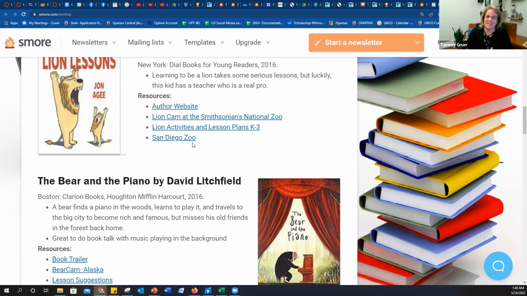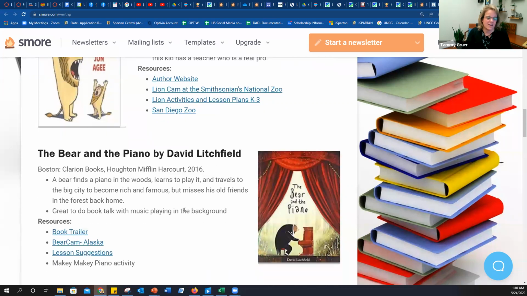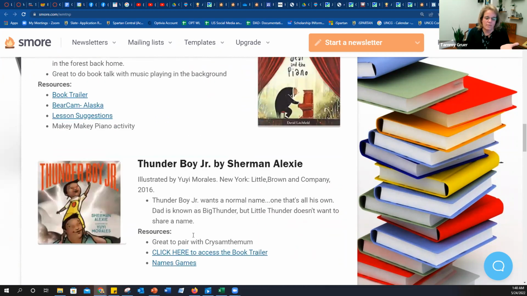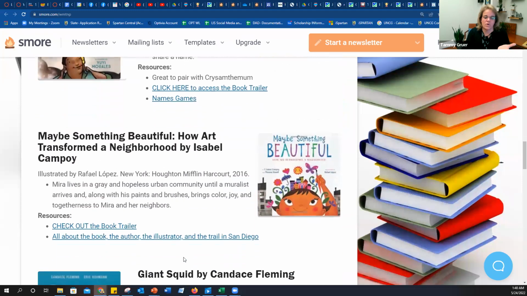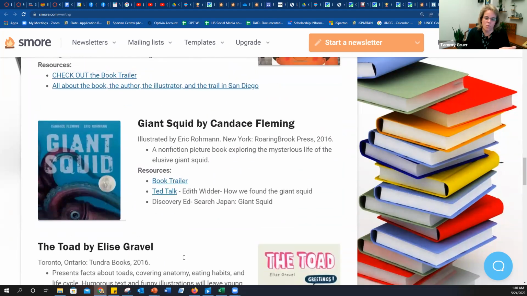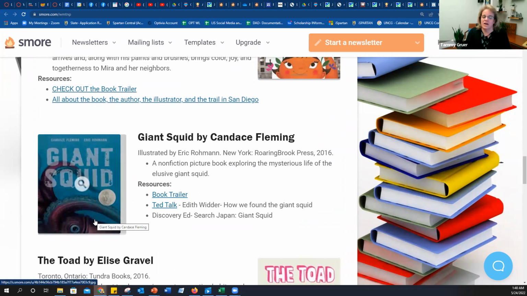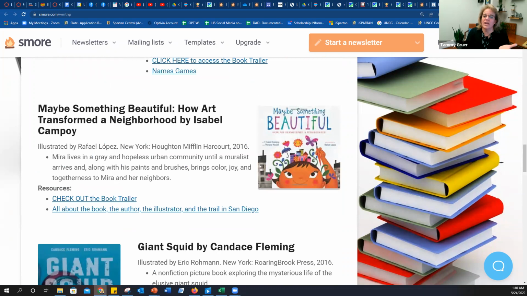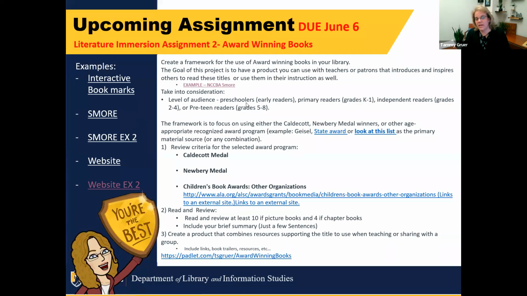The other things it could include are lesson plans or activities, makerspace ideas, the cams that connect with that particular habitat for those animals, and book trailers. All of these things are good support for these particular titles. So a s'more is a way of doing this particular assignment. All of those titles were recommended as North Carolina Children's Book Award books a few years ago.